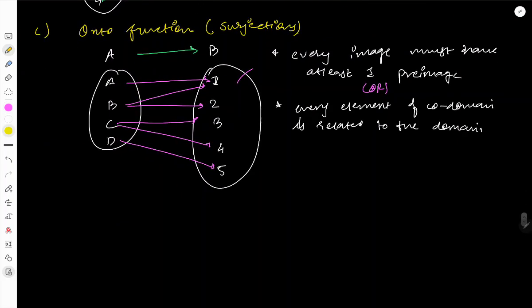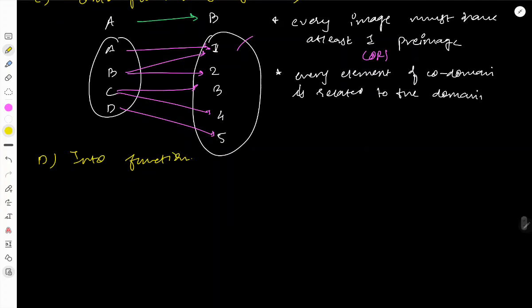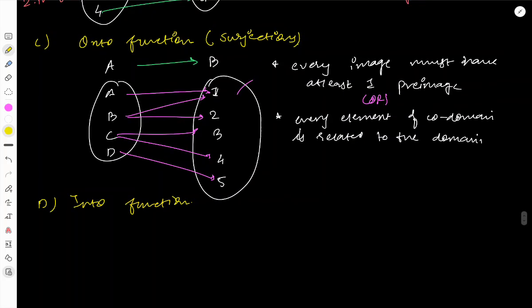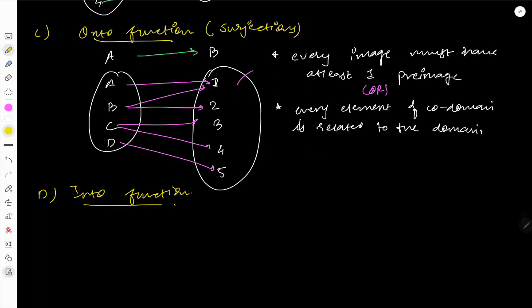So now that we have finished three of the functions, let us go into understanding what an into function is. An into function, this simple trick is to know into and onto are inverse to each other. If a function is not an onto function, then it is an into function.